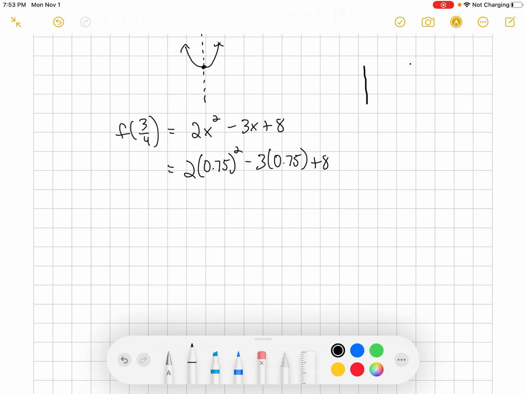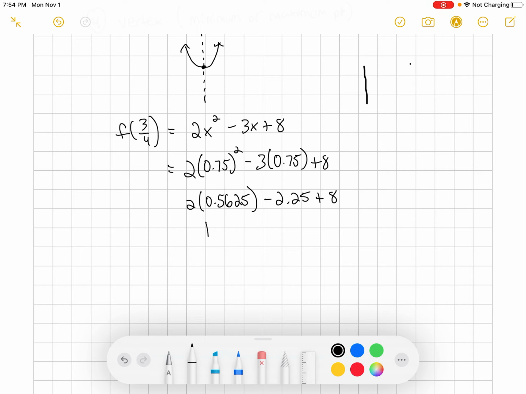Alright, let's use our order of operations, and we are going to square 0.75 first. So I get 0.75 times 0.75. I get 0.5625. Now I'll multiply negative 3 times 0.75. That's negative 2.25. Now let's multiply 2 times 0.5625.